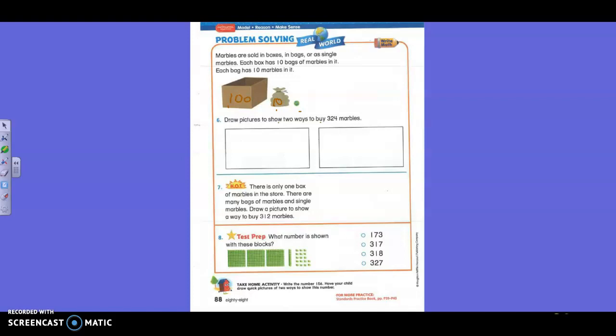How many hundreds is the easiest way to do this? 3 boxes. Or 300. How many tens? 2. 2 tens, and I'm just going to make them tens. And how many ones? 4.